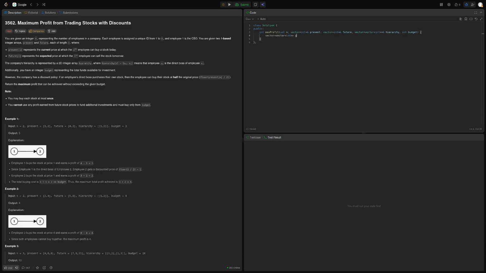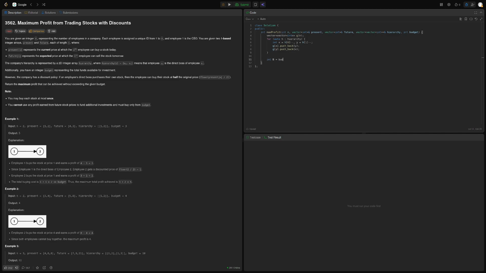Vector int g[n], g[h0], h1. Fair enough, so we got a graph.